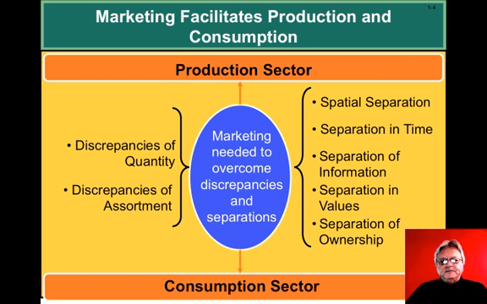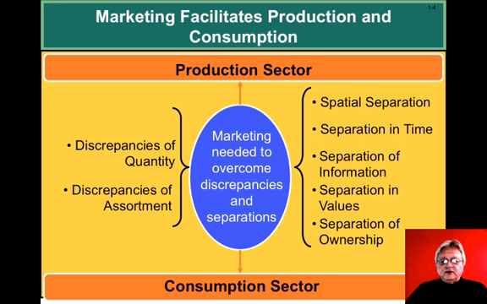They produce products efficiently using economies of scale to create those efficiencies. They also like to produce assortments that are efficient to produce. So what the company prefers to produce from a production standpoint may be different than what the consumer wants at the consumption level. Consumers want smaller quantities and they want mixes of assortments that are based on their market basket needs. So marketing does one thing to bridge that gap.